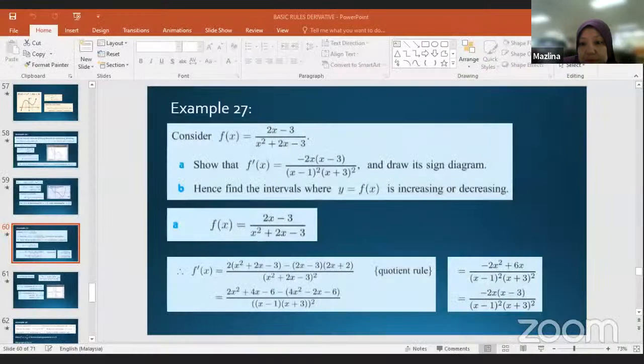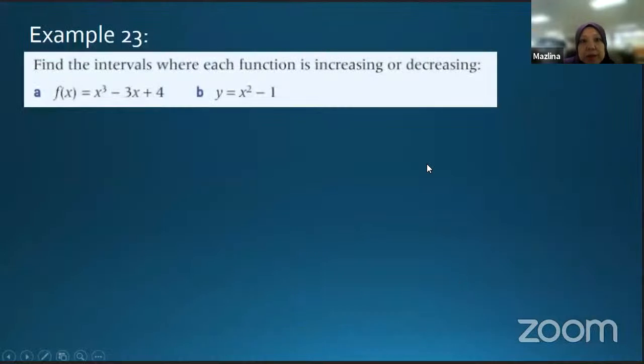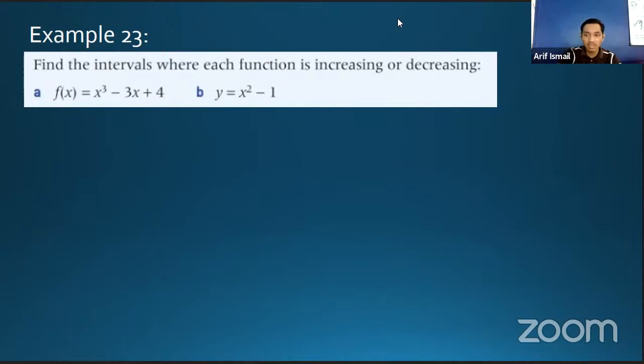Okay, let's discuss. Okay, this question: find the interval. Is this the one? No. 27, teacher. Yes, I opened it earlier. Hold on, where is it? 27, it is supposed to be 27.